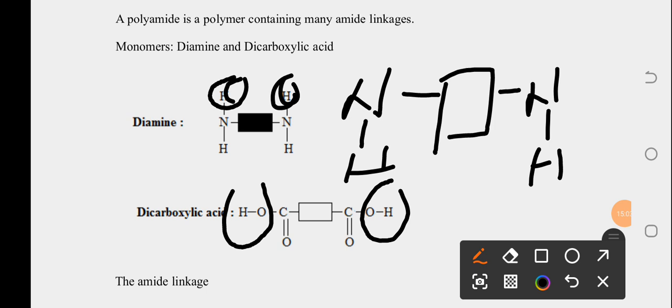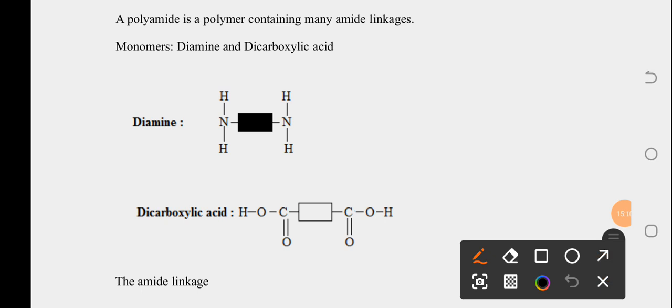Then here, if you remove this, we are going to remain with, okay, let me just do this.